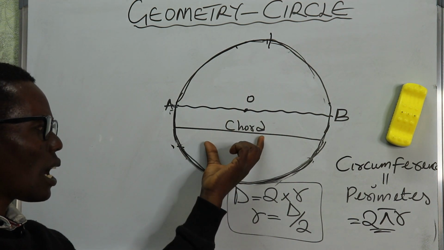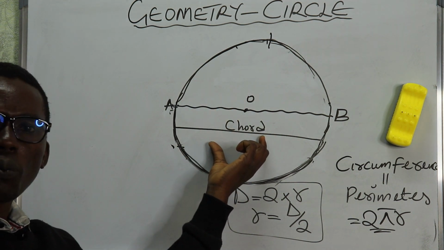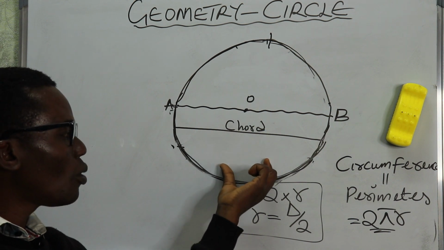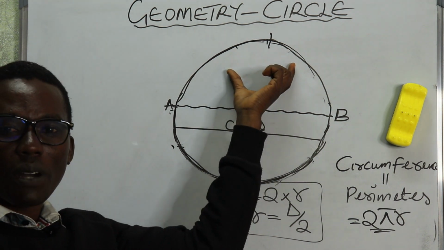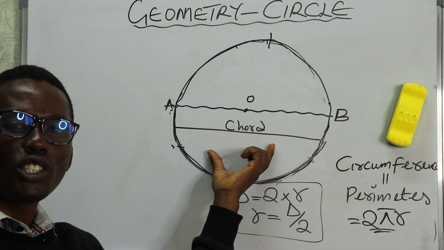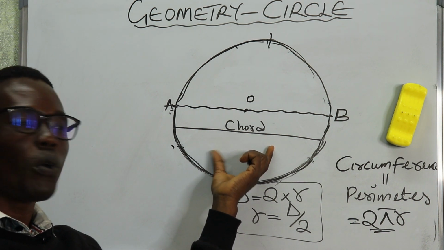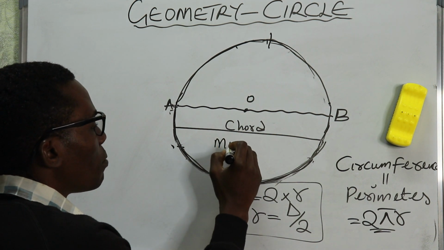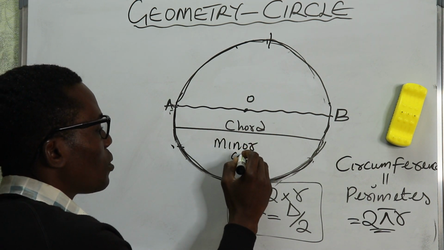Now if this arc divides this circle into two parts, then we have a minor part and a larger part. When an arc is smaller than a semicircle, we call it a minor arc. Take note of that.